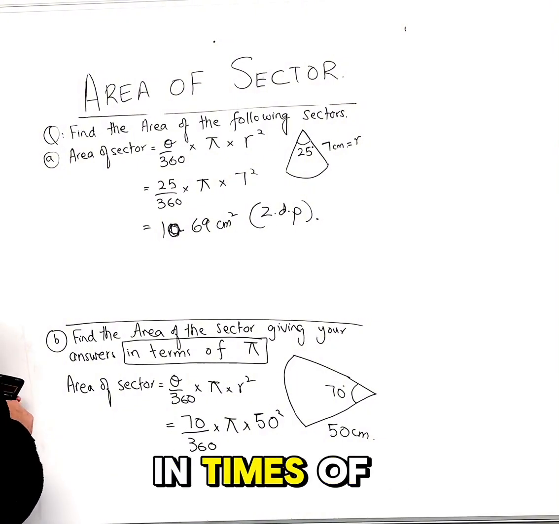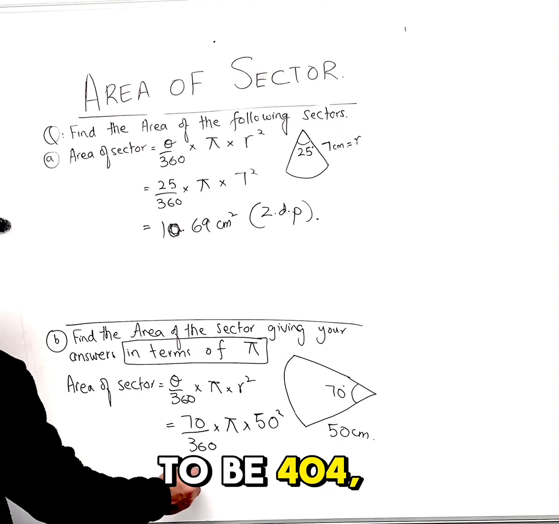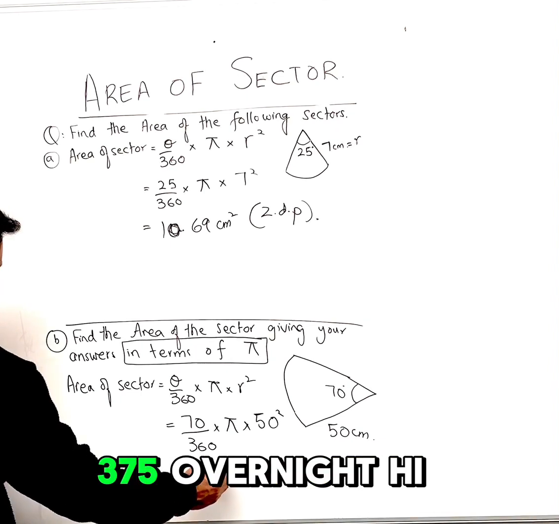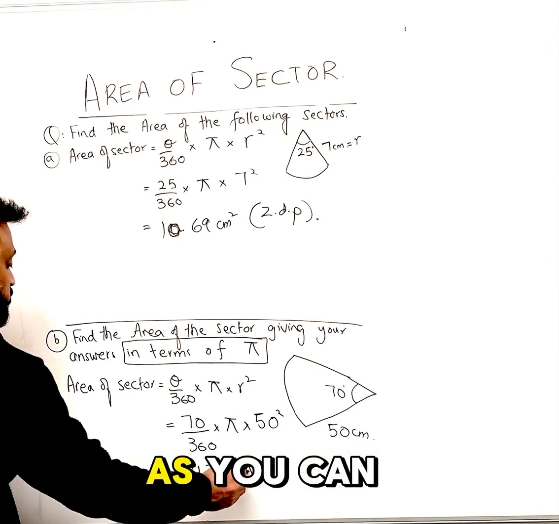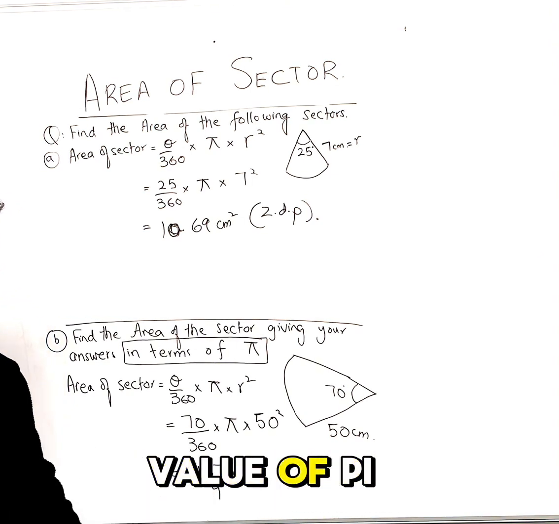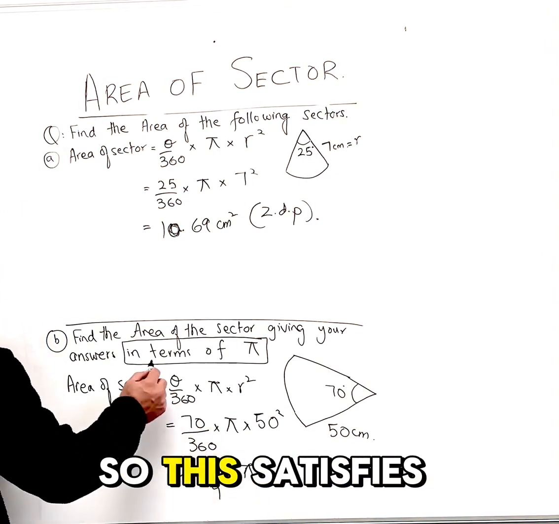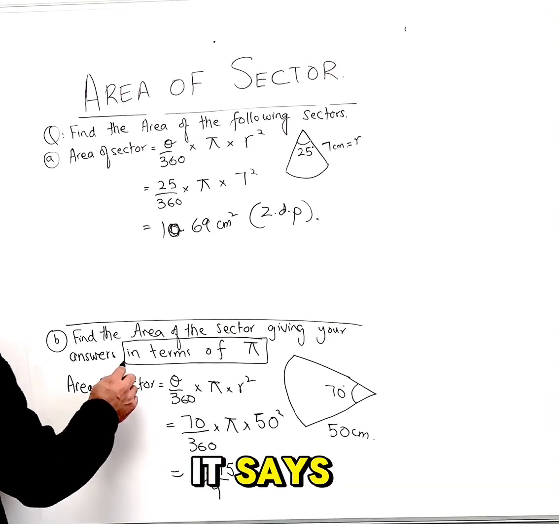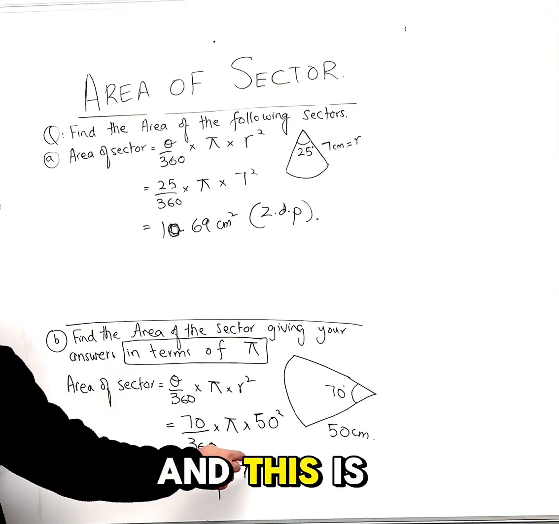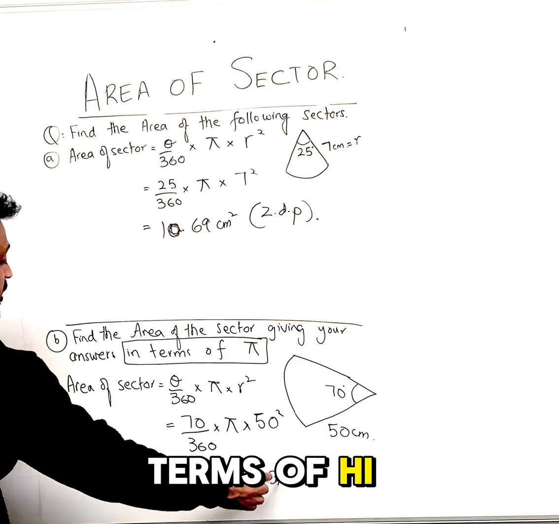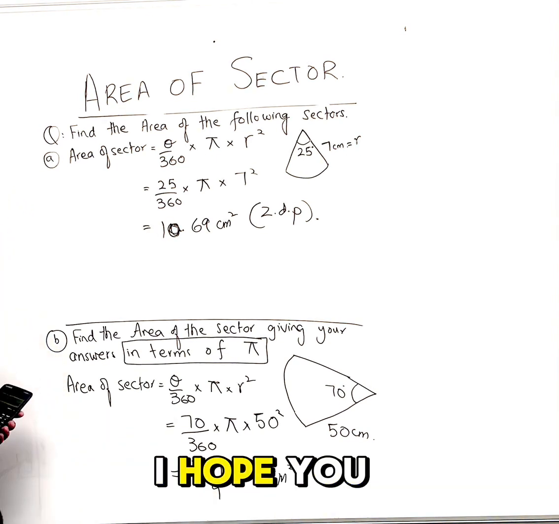So my answer in terms of pi is going to be 4,375 over 9 pi. Now, as you can see, I did not include the value of pi. So this satisfies the question where it says give your answer in terms of pi, and this is your answer in terms of pi centimeter squared. I hope you understood this.